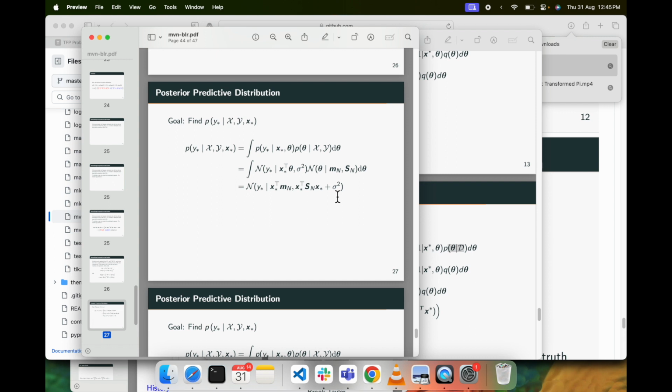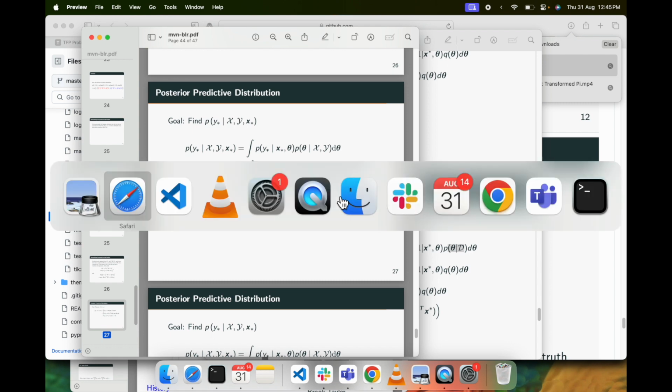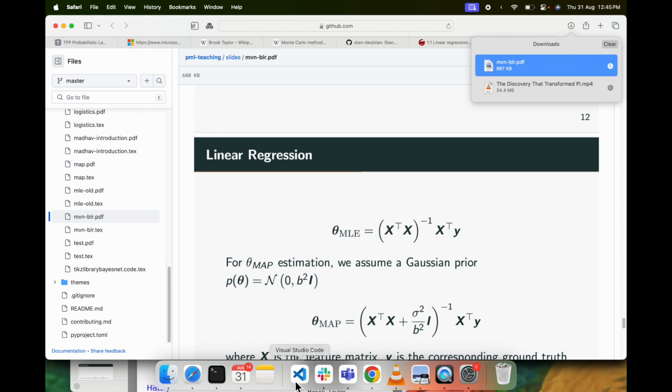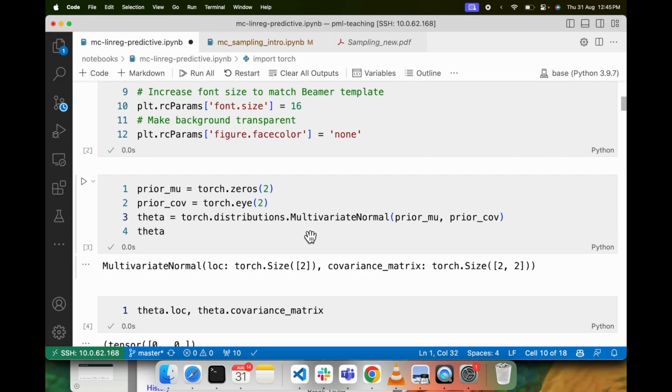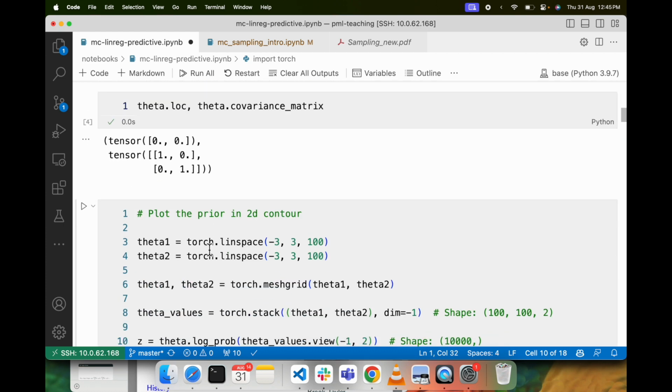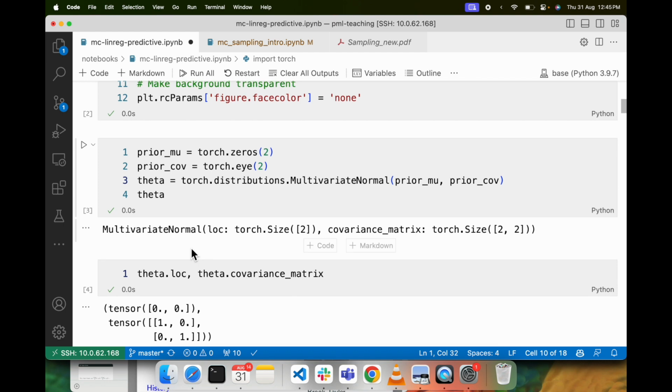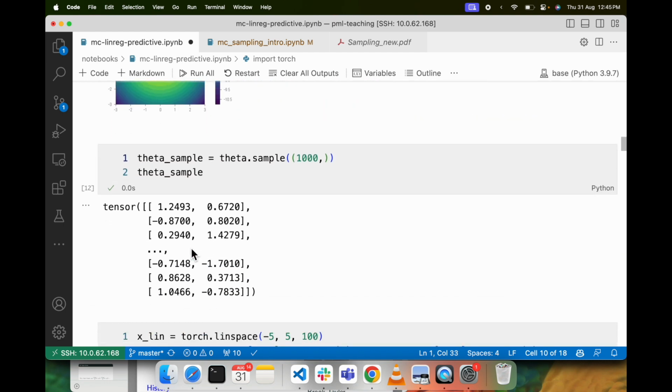So for certain kinds of problems like linear regression, we have this closed form expression for this integral. But can we solve this using Monte Carlo estimation, which is what I showed? We had this prior on theta, we generated samples from it, and you just put those samples in f of xi.